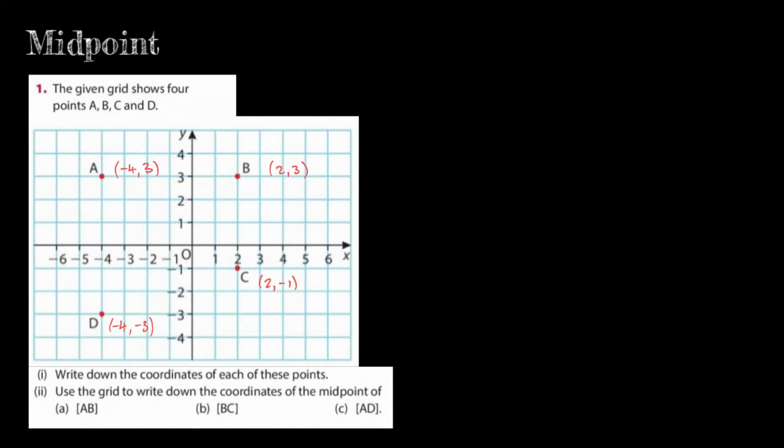The midpoint for AB will be x1 plus x2 divided by 2, y1 plus y2 divided by 2.